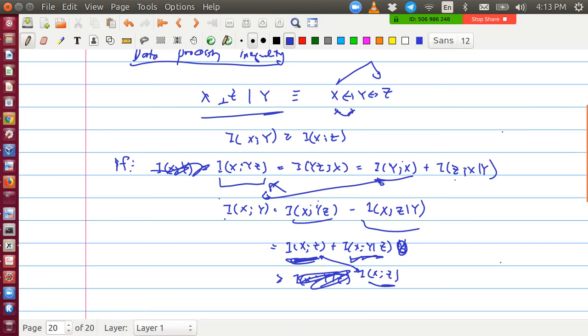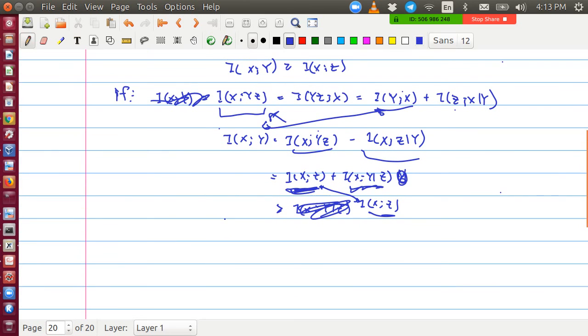One way to think of that is why people call it the data processing inequality. You can think of the Markov chain as coming from some original data, some kind of information.